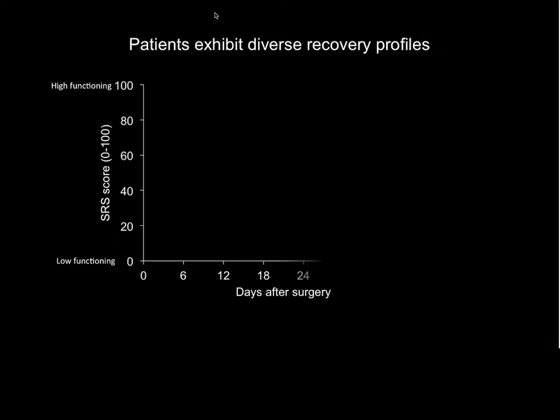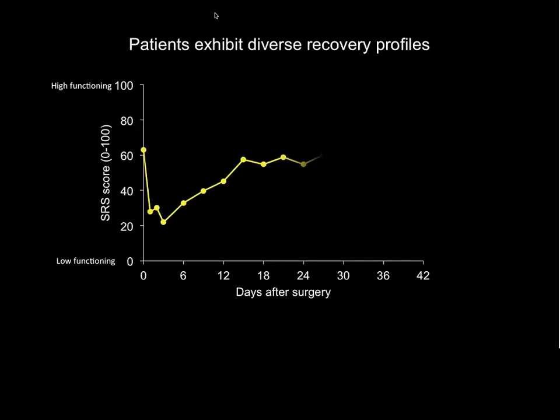Here I'm just going to show you 3 patients on one of our scales of recovery, which is the SRS scale, or the surgical recovery scale. In this case, 100 is high functioning, feeling perfect, and 0, you're in trouble. We're just going to look at the time course of 3 patients in the days following the surgery.